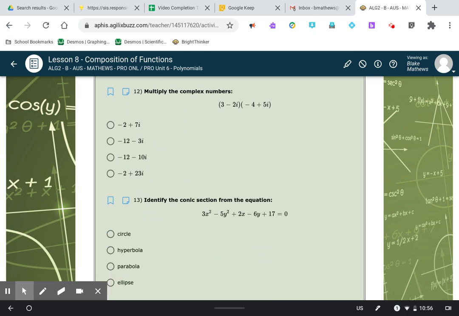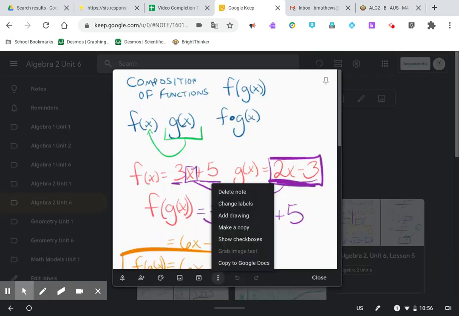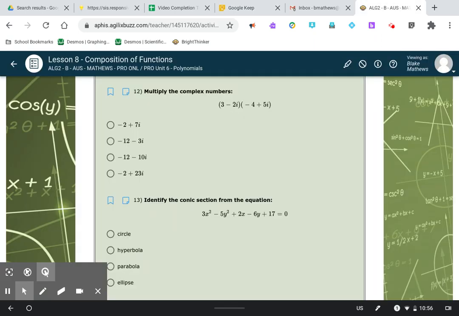So I'm going to talk through these, and I'll put some things in the notes to kind of help you along. But just to remind you, for multiplying complex numbers, let's go ahead and open a new tab or a new drawing. When you do complex numbers, you do FOIL.